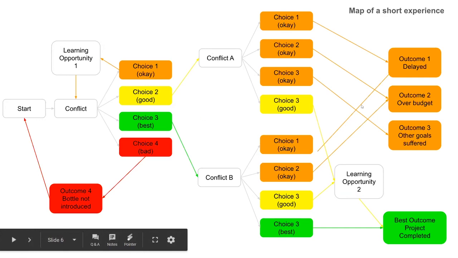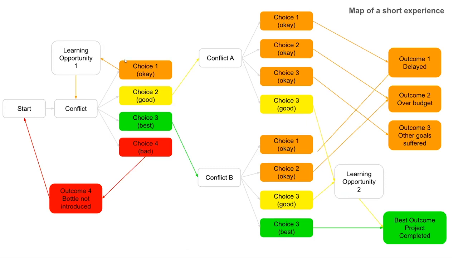So this is just one example of a very short experience, but what you want to take away, even if you want to do something much larger and much more branching than this, is you always want to be thinking about how to lead the player back to your main linear path.